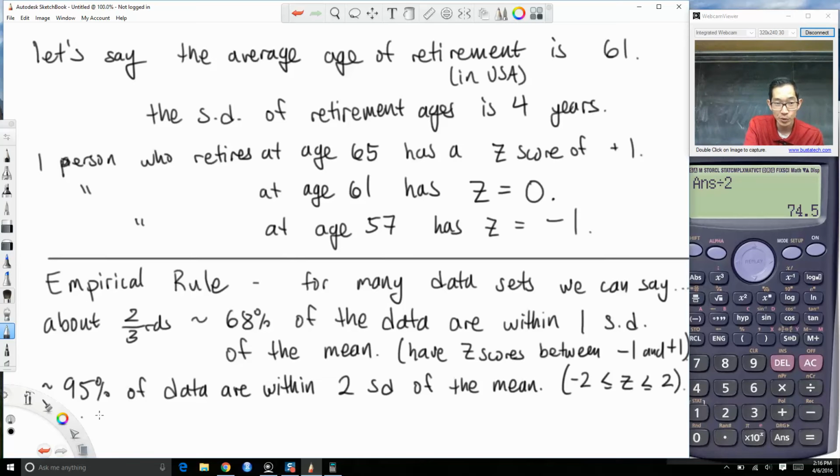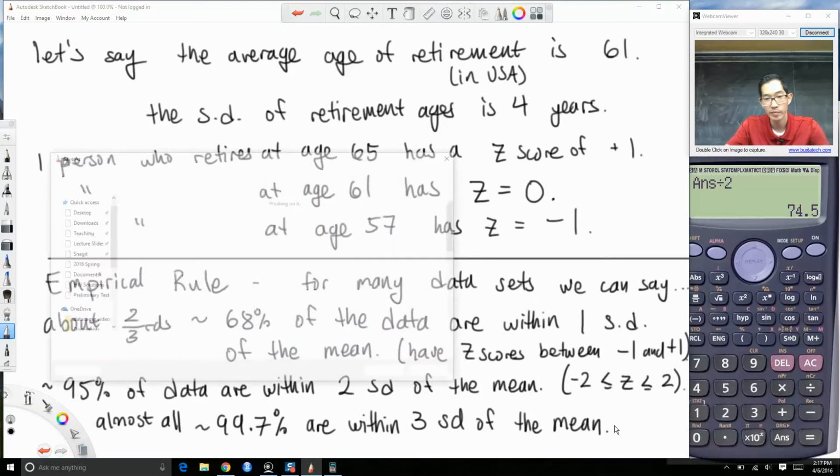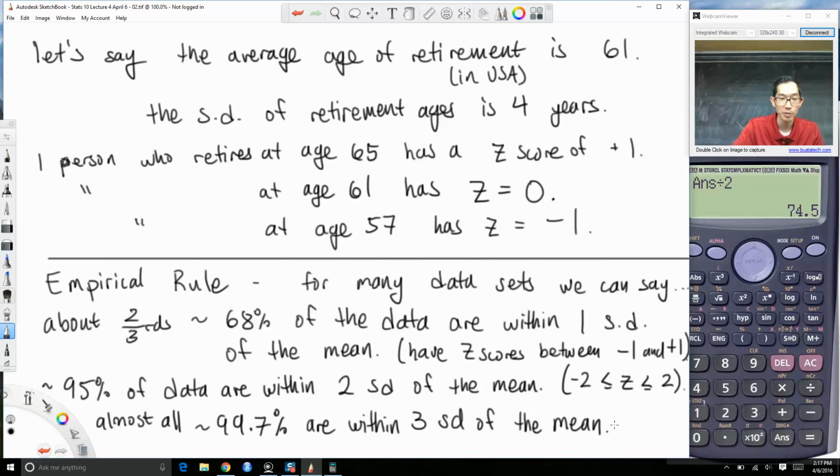And almost all, so about 99.7%, are within 3 standard deviations of the mean. Okay, so the empirical rule is also known as the 68, 95, 99.7 rule. These would be 3 numbers that are good to remember.